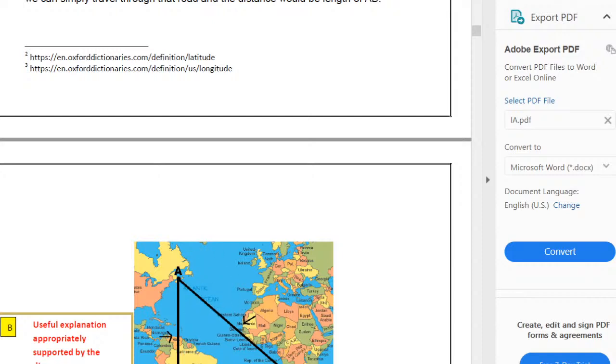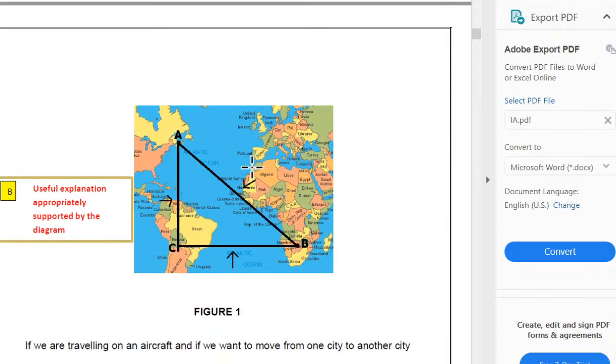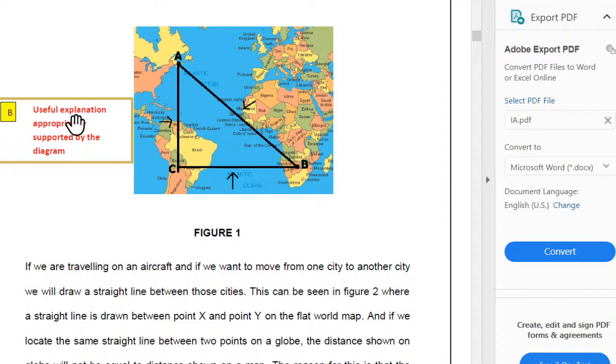So it's showing like a right triangle-ish. If it's a right triangle, we'll find out. Okay, it's giving a useful explanation. This is more for criterion A in our case. It's not really communicating mathematics.